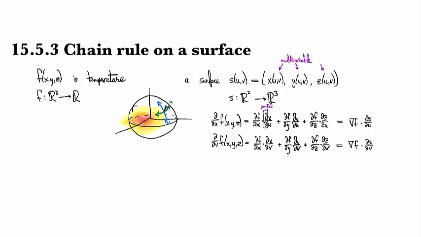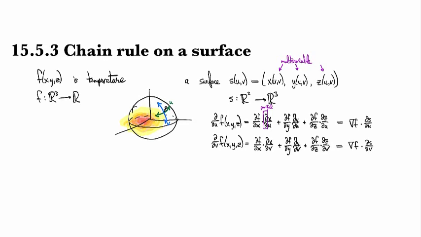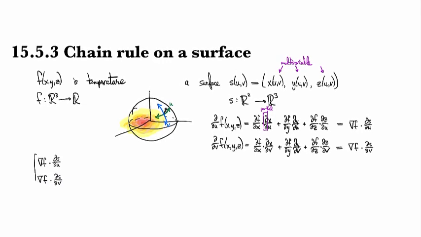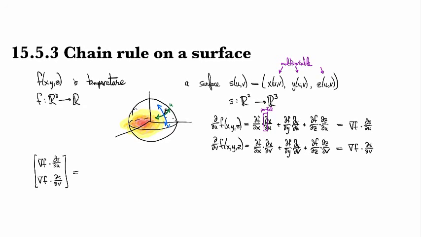And this is just a little side note for those of you that are going to go further with mathematics. This actually comes from matrix multiplication. So if we look at these, say we take this to be a vector with two entries, this is actually where we've got the gradient.